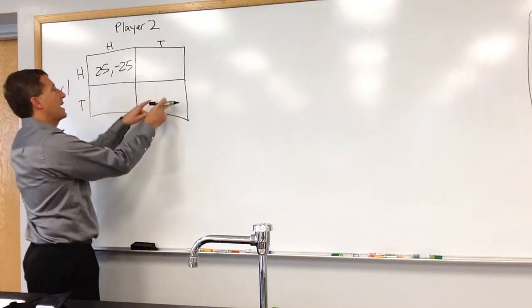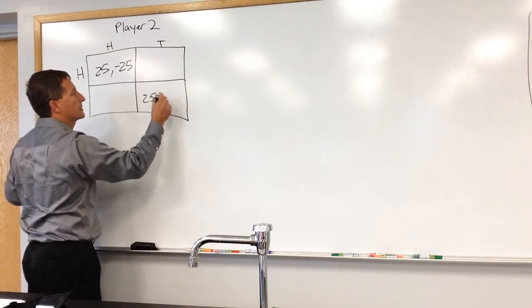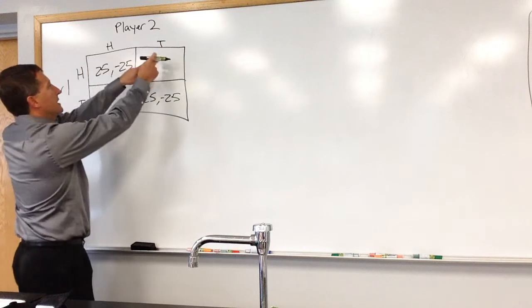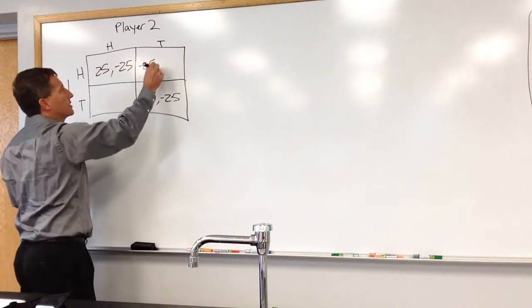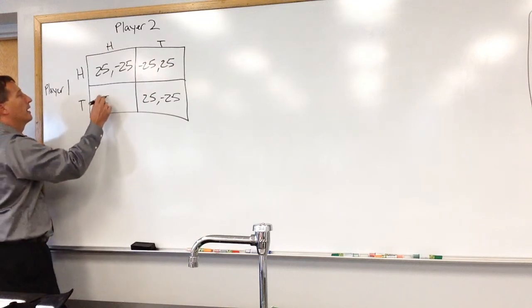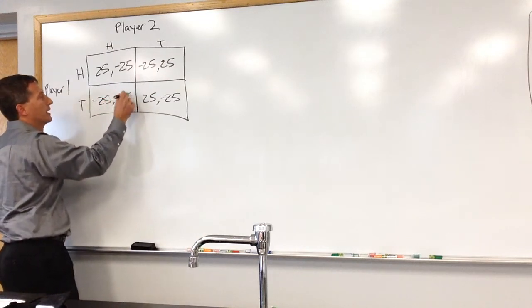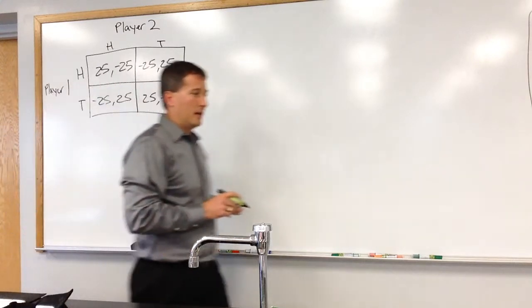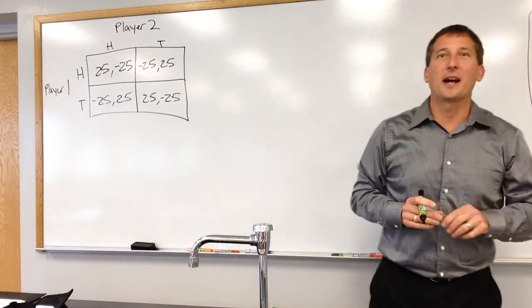And had they been tails, player 1 wins 25 cents, player 2 loses 25 cents. If they didn't match, player 1 loses 25 cents, player 2 wins 25 cents. And if they don't match the other way, same result. So there's our payoff matrix.